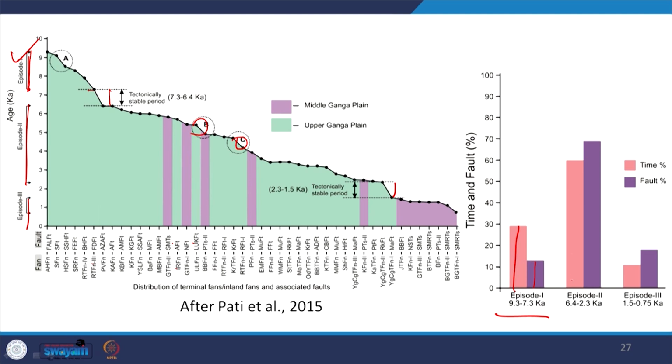But here, less time, more faults. That means here the rate of tectonic activity, the rate of surface rupturing process, increased. Similarly, in the third episode this time percentage is here, fault percentage is here. That means more faulting, more surface rupturing is associated.